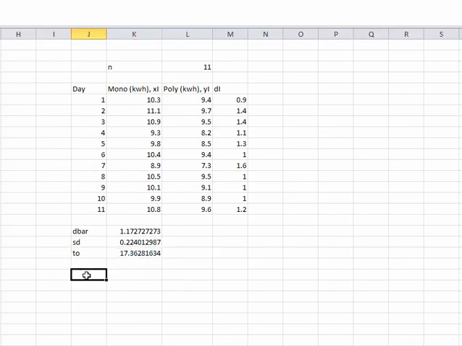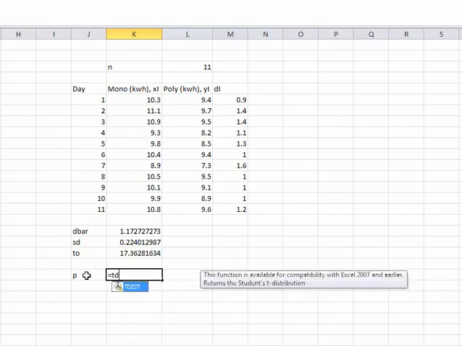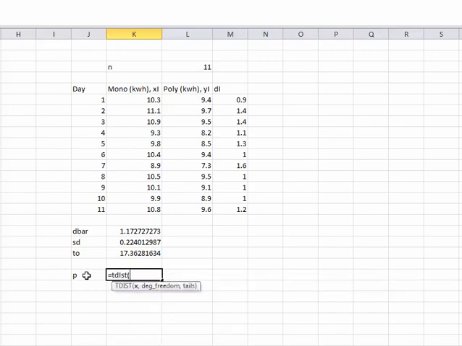The next thing we need to do, to determine whether or not to reject the null, is to first compute a p-value, and then we could also do it based off of a confidence level, and we're going to do both. The first one is to compute p using the student's t distribution: we type in t dist, and we want to use absolute value if our t naught value is negative.